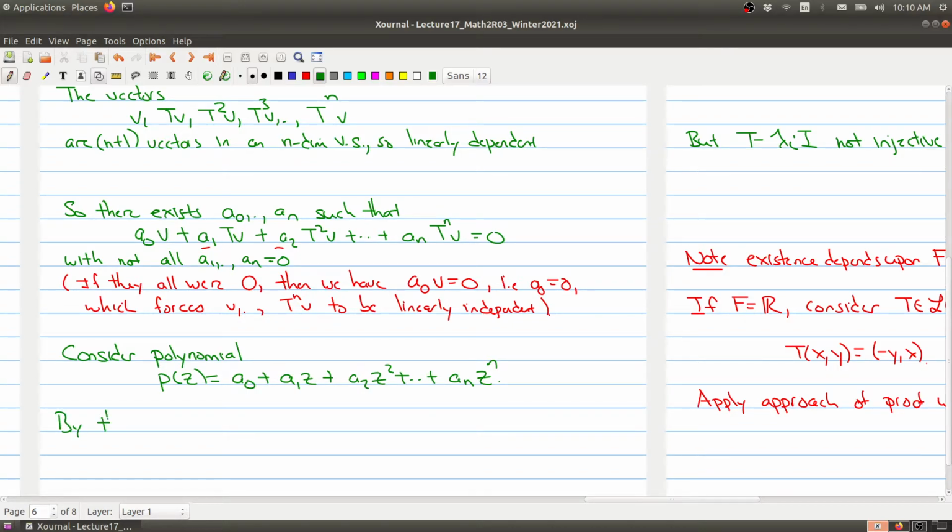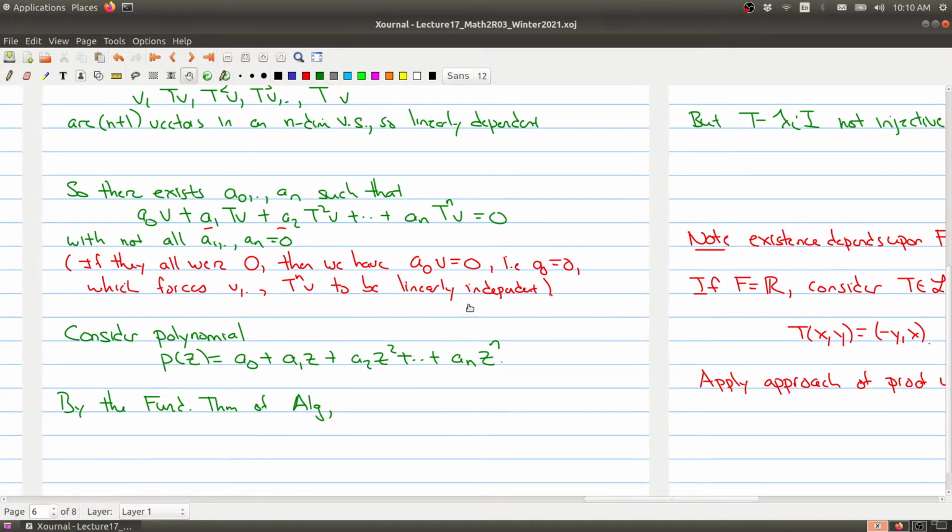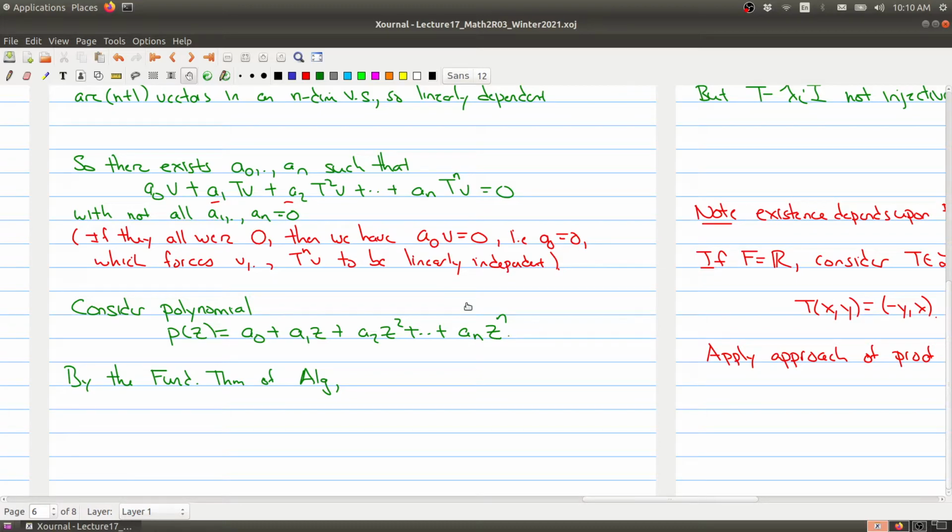By the fundamental theorem of algebra, we can factor this completely into linear polynomials. So you can factor the polynomial p(z) as some constant times (z minus lambda 1)(z minus lambda 2) up to (z minus lambda m).